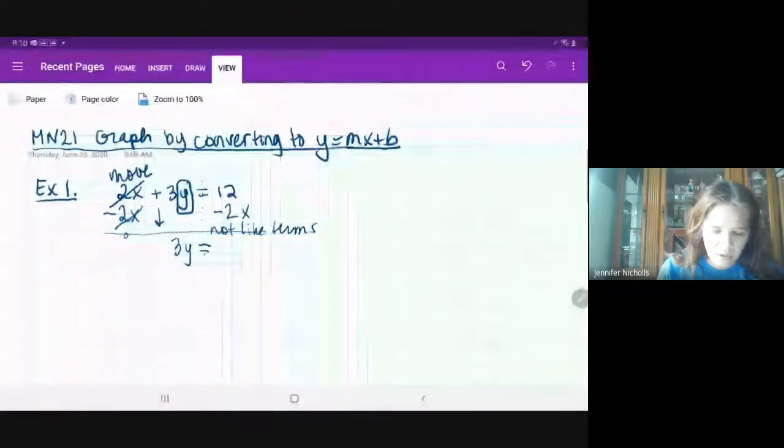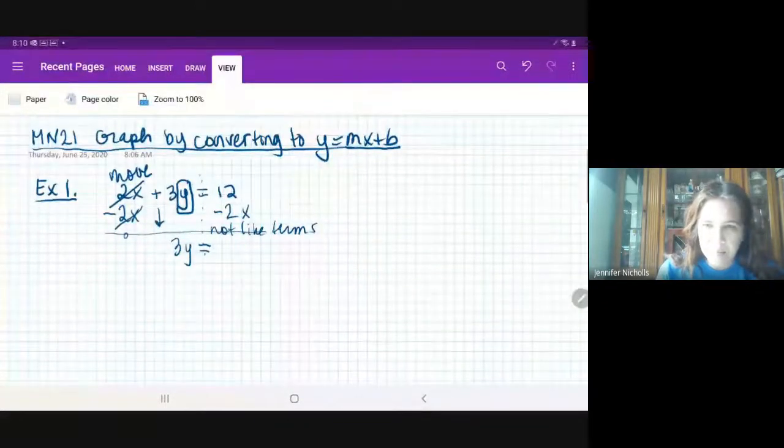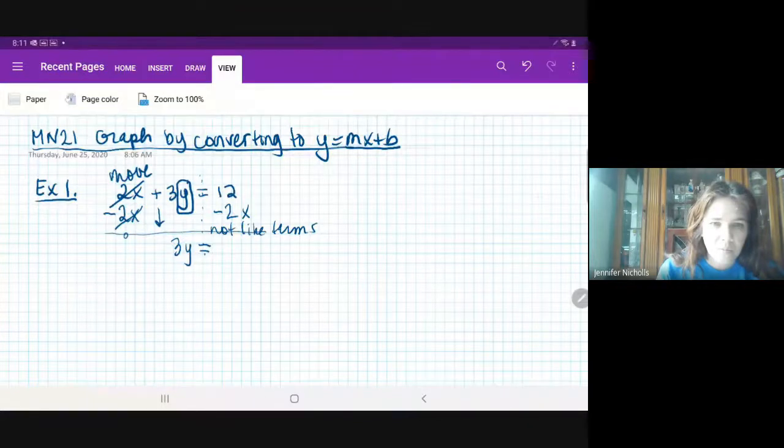Paul or Zyla, do you remember how we wrote the right side? Does anybody remember how we wrote the right side on this the other day?